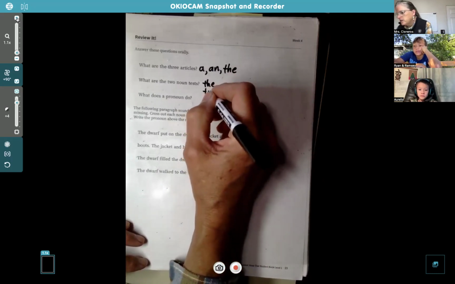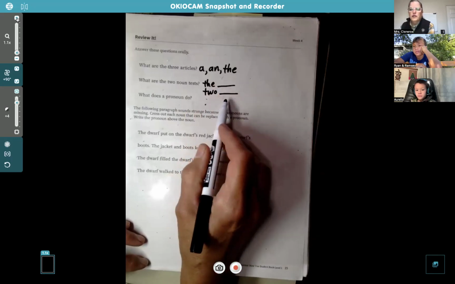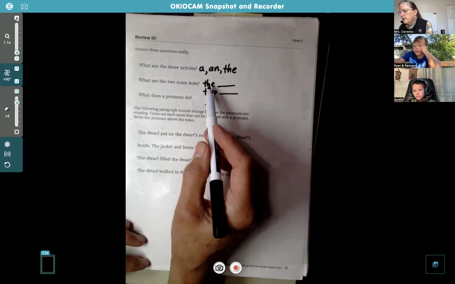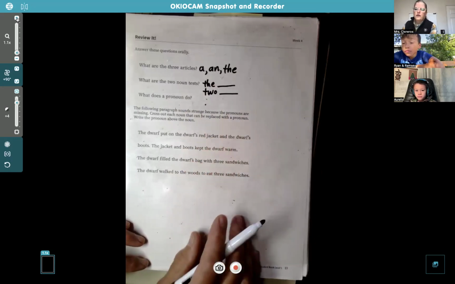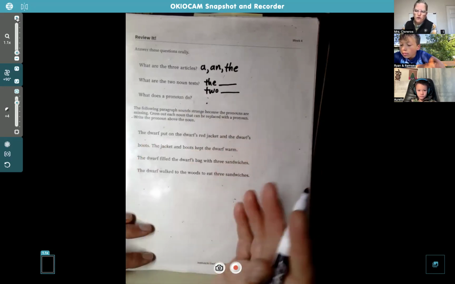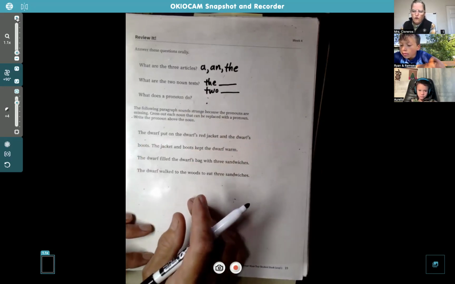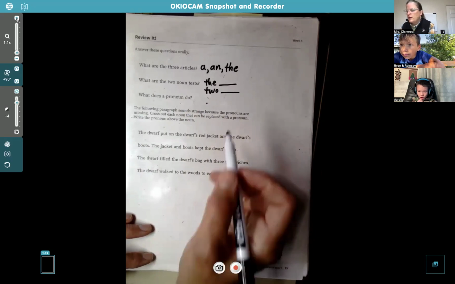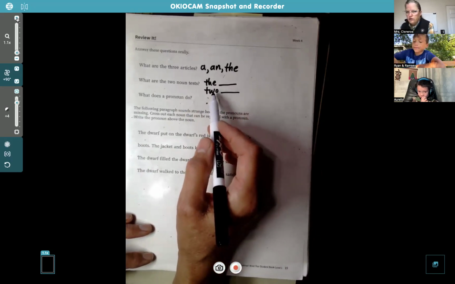Another little test you can do is put the word two in front of it. And go ahead and write this down, Raishan, in your book. The blank and two blank. Those are the tests. So I can count pens, right? If I have a bunch of them, I can count one, two, three, four, five. Or water bottles, or boys and girls. Like there's two boys in this class. So boys would be a noun here, two boys.